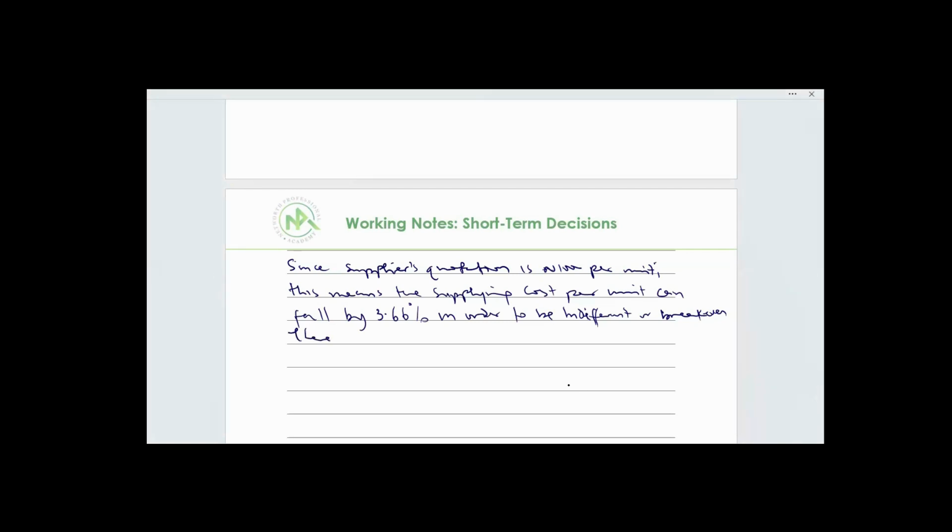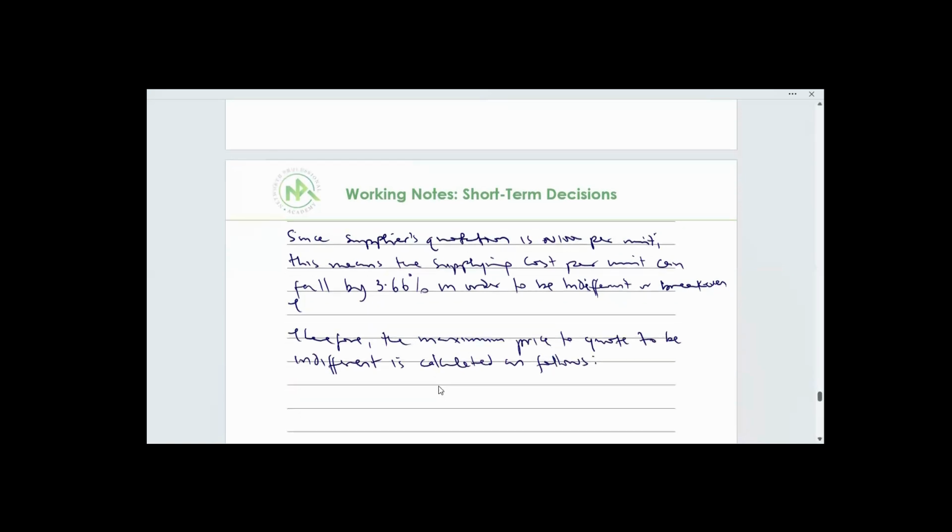Therefore, the maximum price to quote, to be indifferent, is calculated as follows. So let's do that.